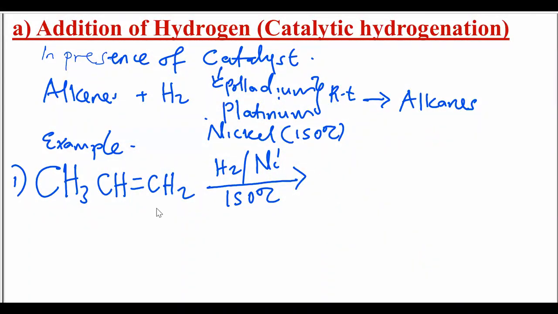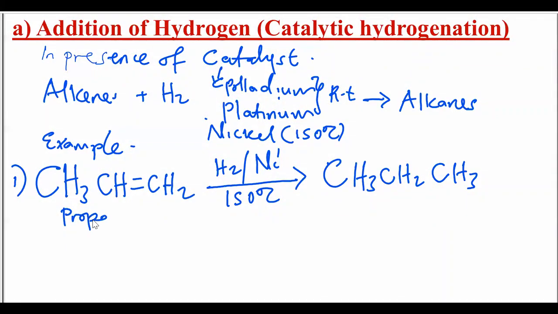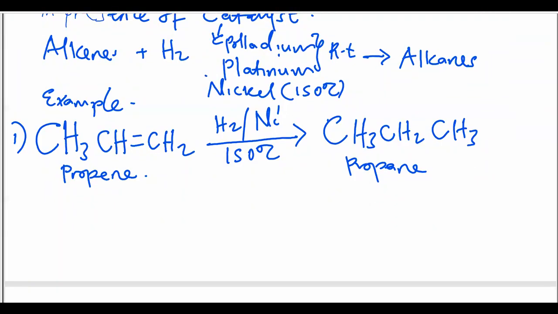What do we get? We get propane. Is that the formula? Yes. So we're moving from propene, which is an alkene, and we're getting propane, which is an alkane.